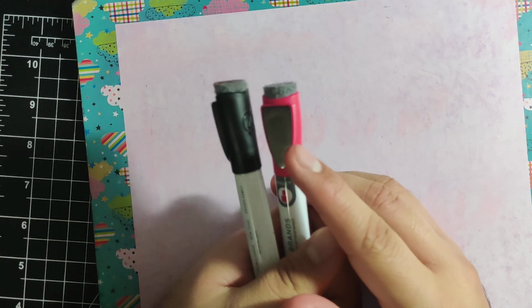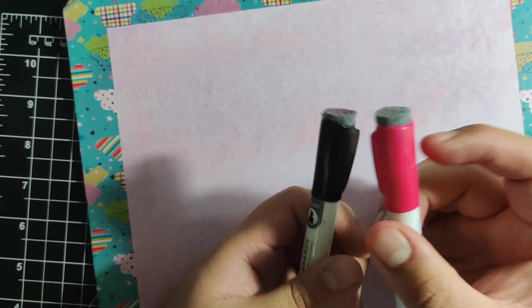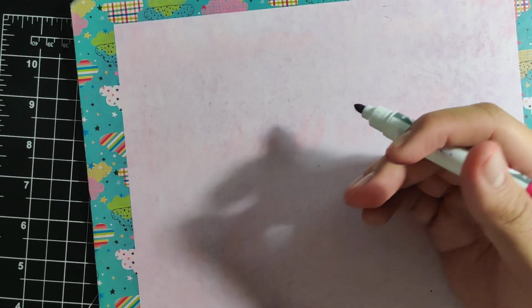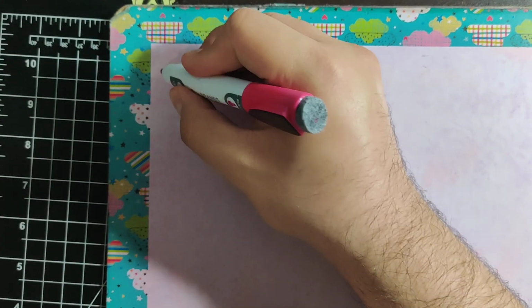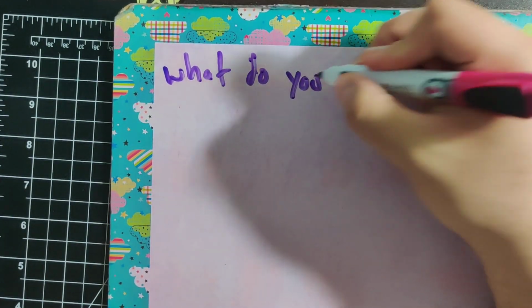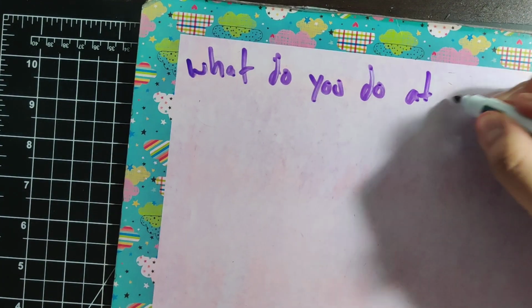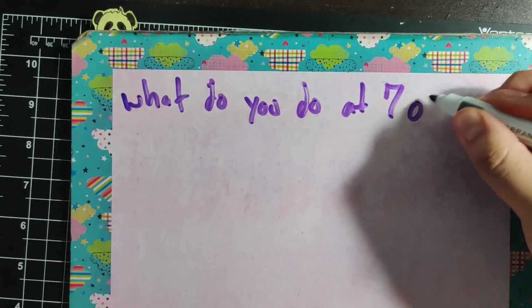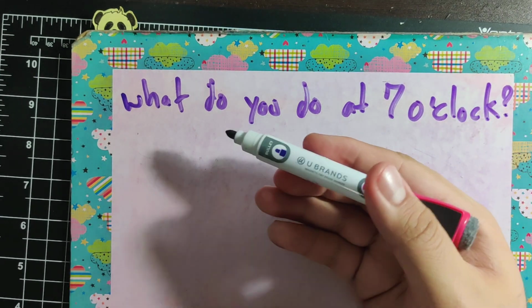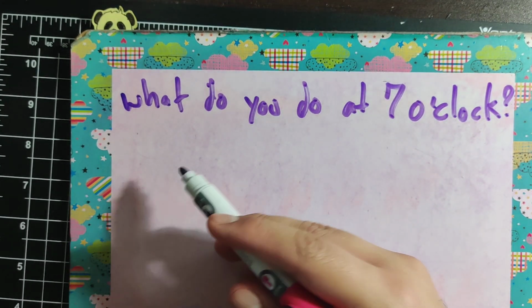Now, if we mix this with adverbs of frequency, you can actually say what you're usually doing at a certain time. For example, let's say I ask you, what do you do at 7 o'clock? I'm asking you about routine. ¿Qué hacen a las 7?